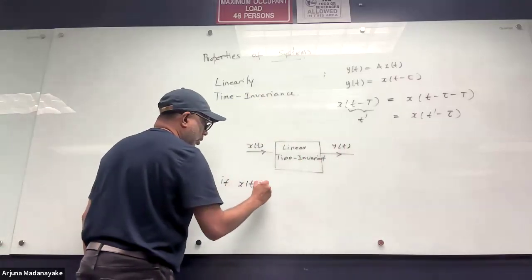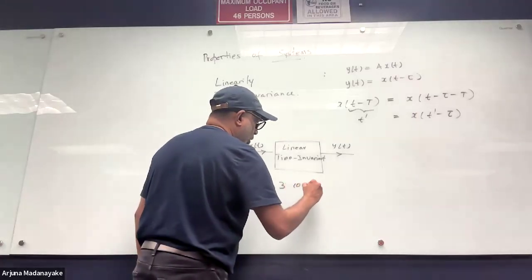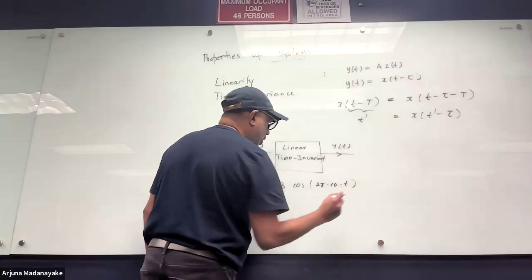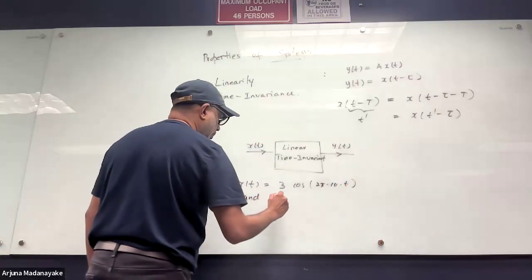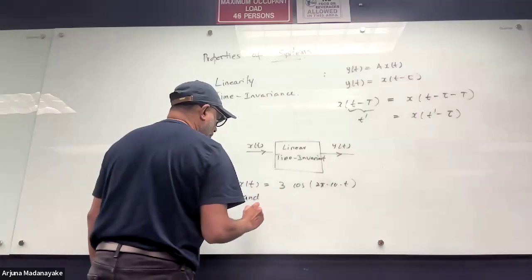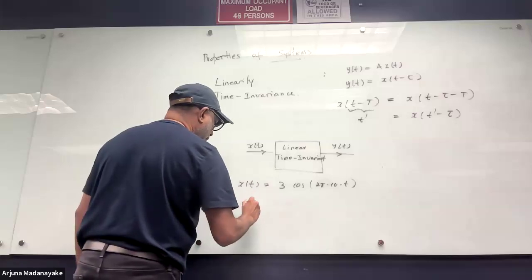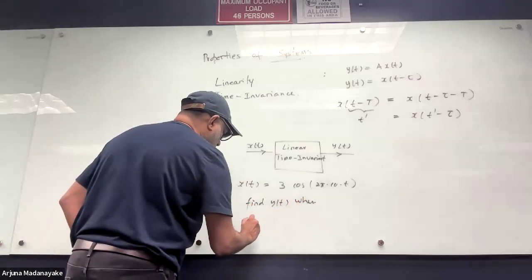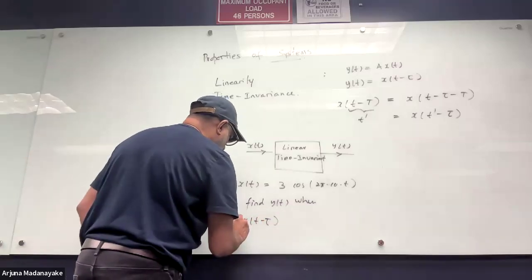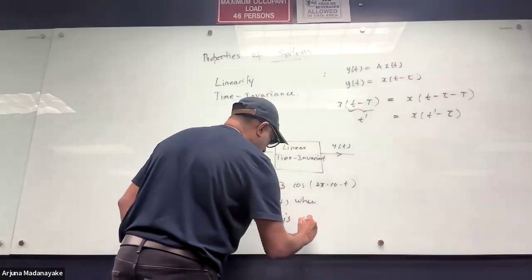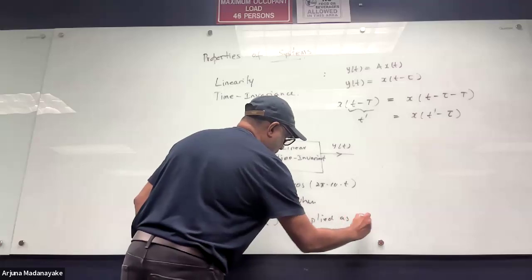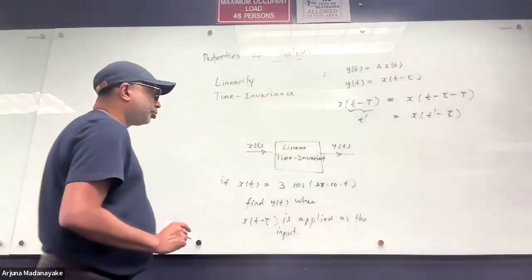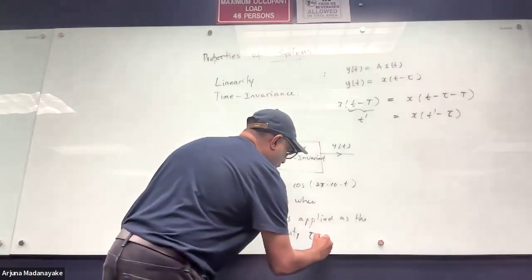If x of t is equal to 3 times cos of 2 pi 10t, find y of t when t minus tau is equal to 5.